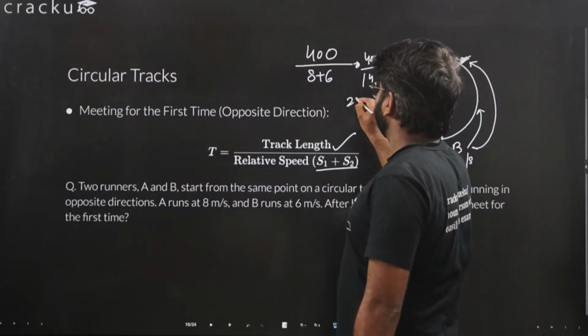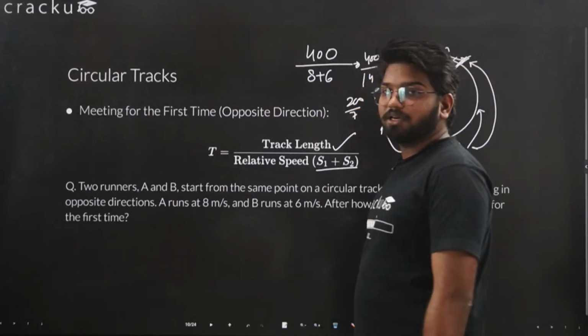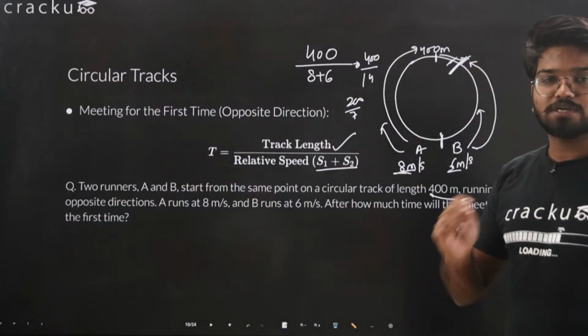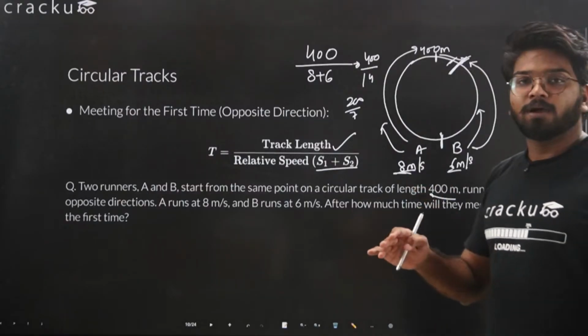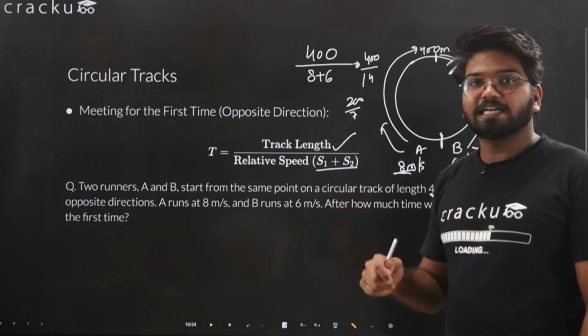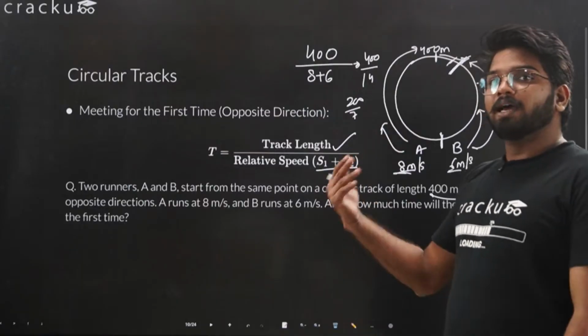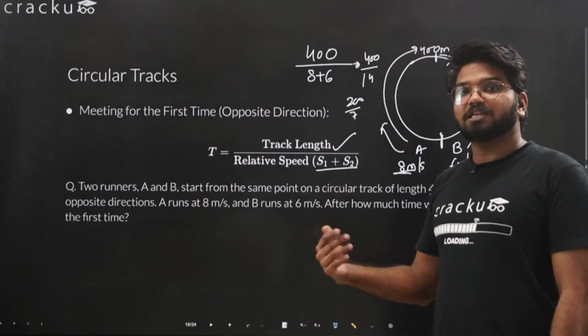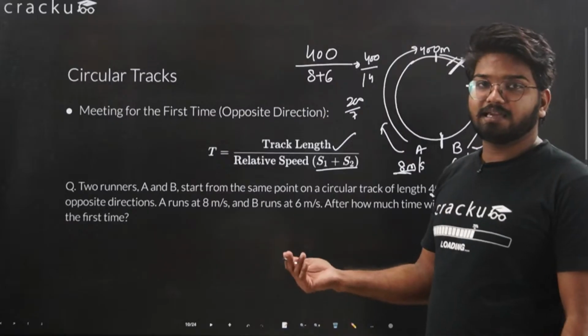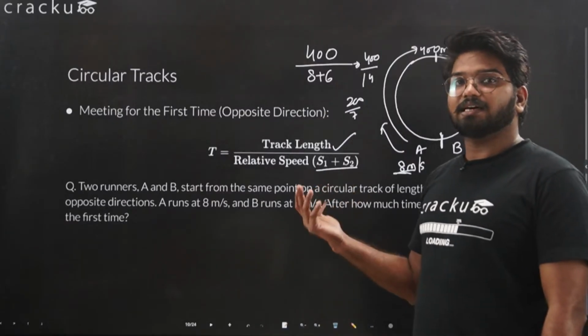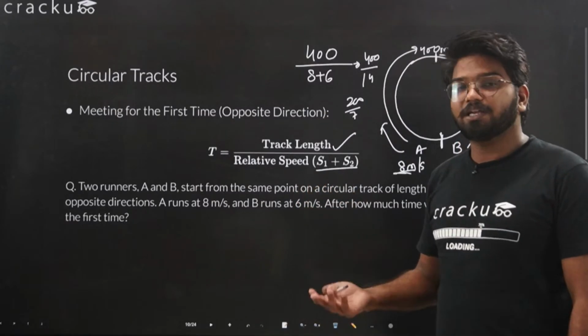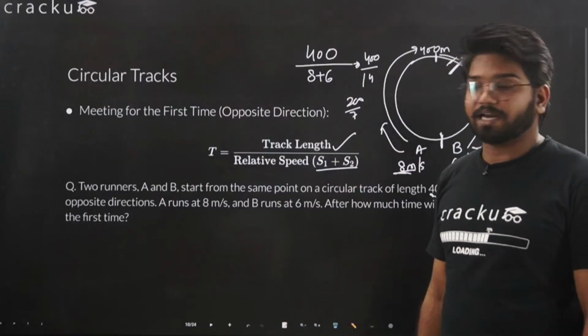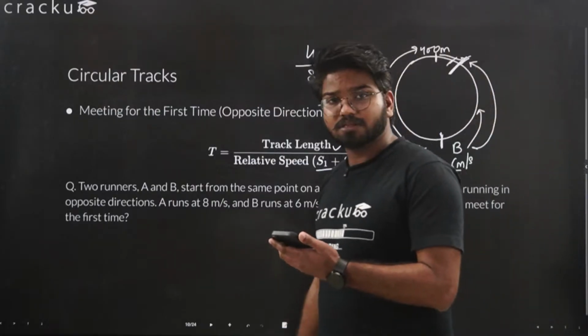This much time they will take to meet for the first time. So there were two concepts. First, when they are moving in the same direction, and the second concept, if they are moving in opposite direction. The only thing is we need to consider the relative speed, and in both cases they have to cover the length of the track. I hope this is clear.